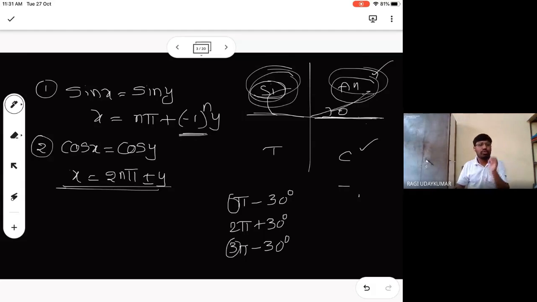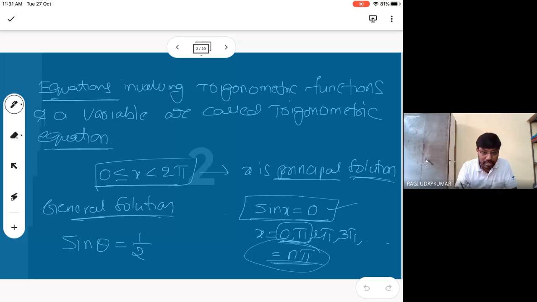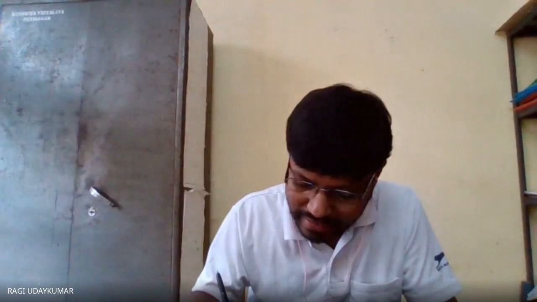Means if you know sin x equal to sin y. Suppose in the previous problem I told you sin x equal to 1 by 2. Here you will write sin pi by 6. So what is the general solution? Means x is equal to n pi plus minus 1 to the power of n into pi by 6.